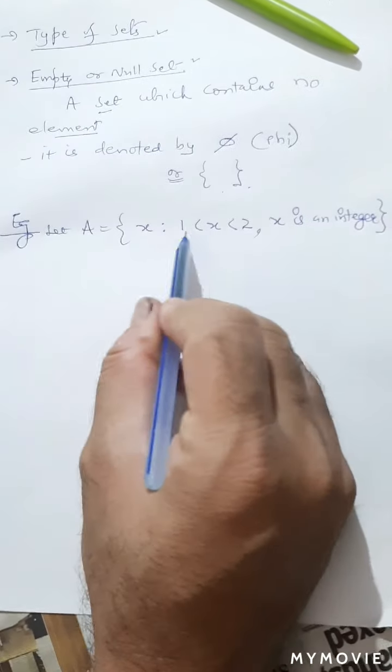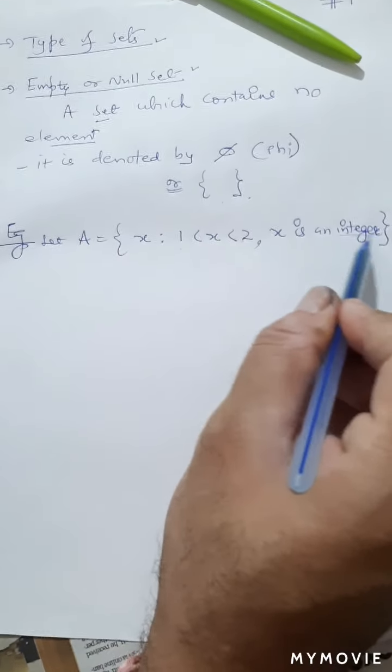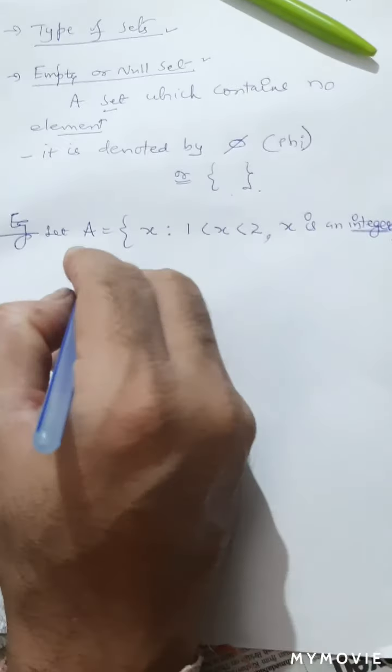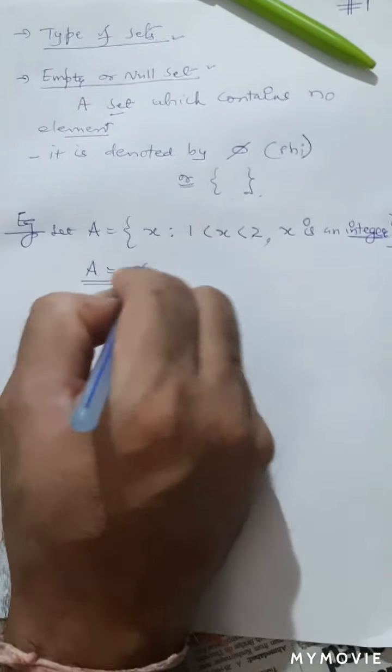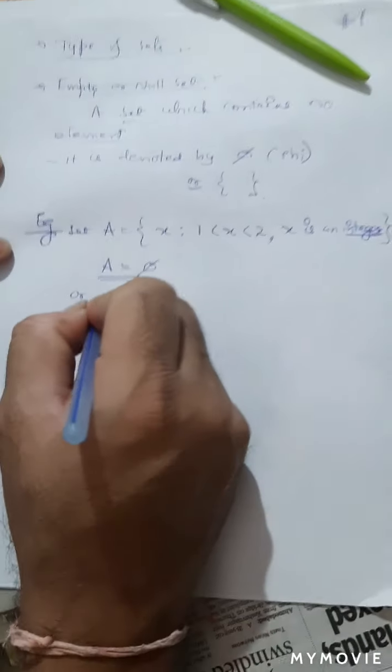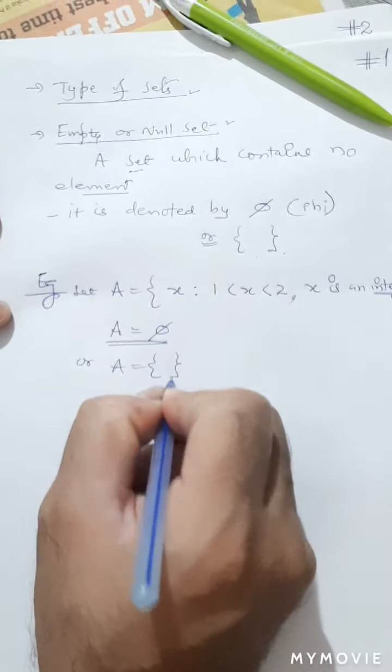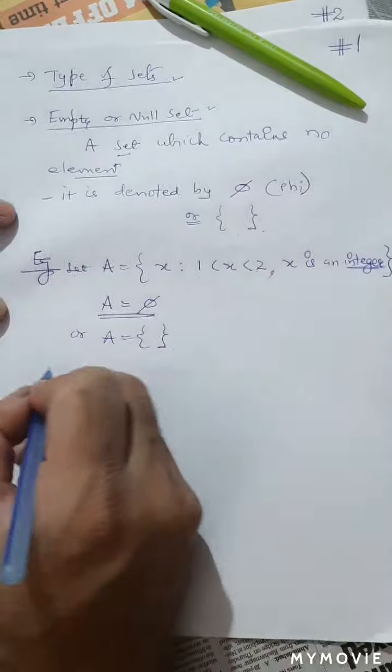Now you know that there is no integer between these two. Remember, you mentioned integer here. So this is an example of a null set phi, A equals phi. Or you can write A equals two curly braces.